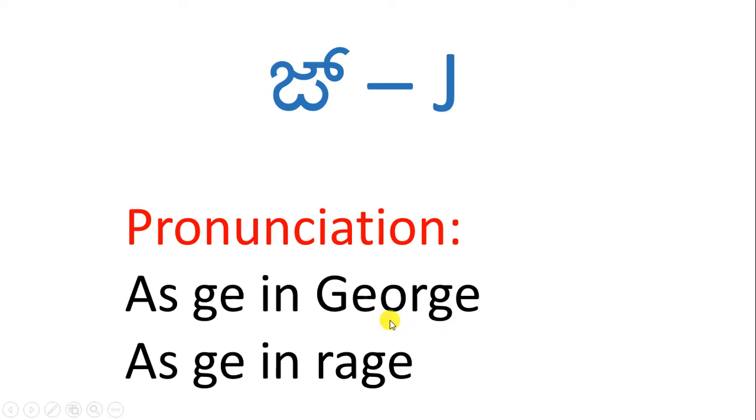When it is with geor, it is George, but without these four letters, it is just j. Also as ge in rage. Without ra, it is just j. So that is how we pronounce this j.